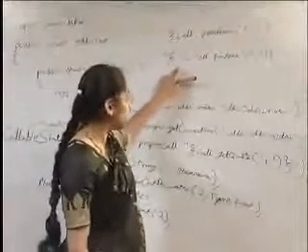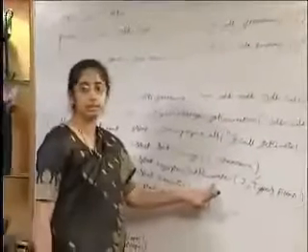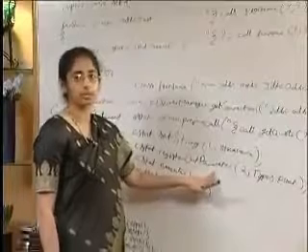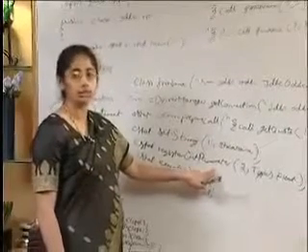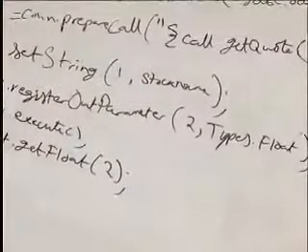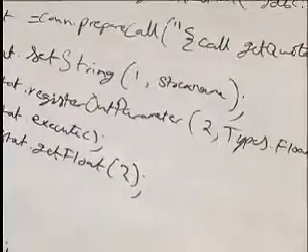If it is a function, then the return value must also be registered likewise, just like you did with the out parameter of a procedure. So this is executing your procedures and functions.